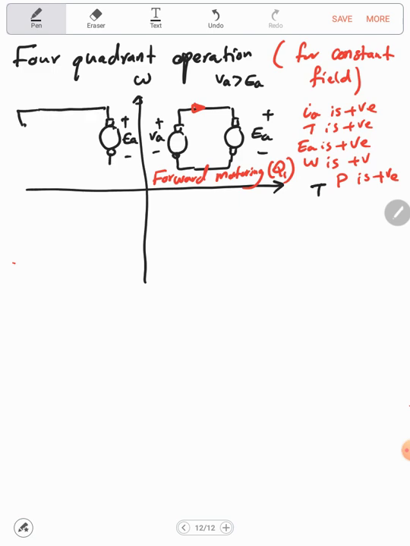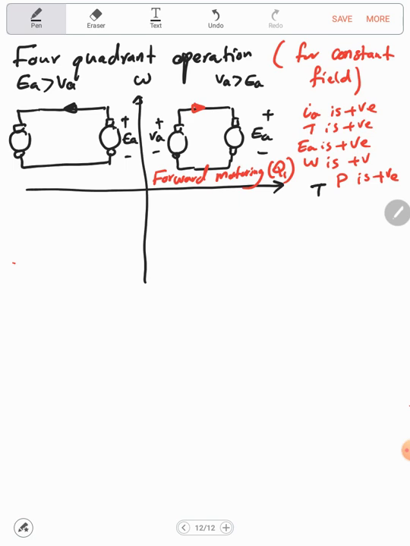Still here the voltage is positive, but here EA is greater than VA, so the current will flow from the machine to the supply, and this means that the machine now is acting as a regenerative braking, or is acting as a generator. It's acting as a generator in the forward regenerative braking.